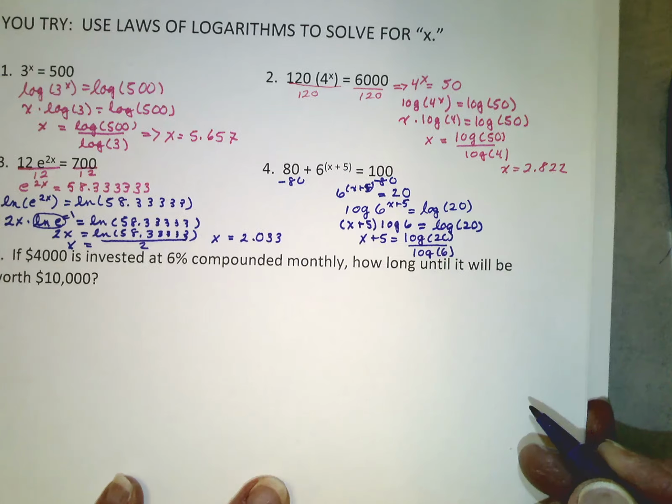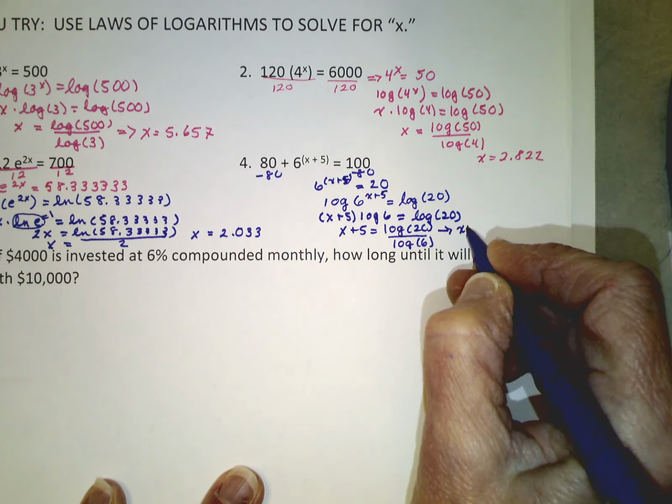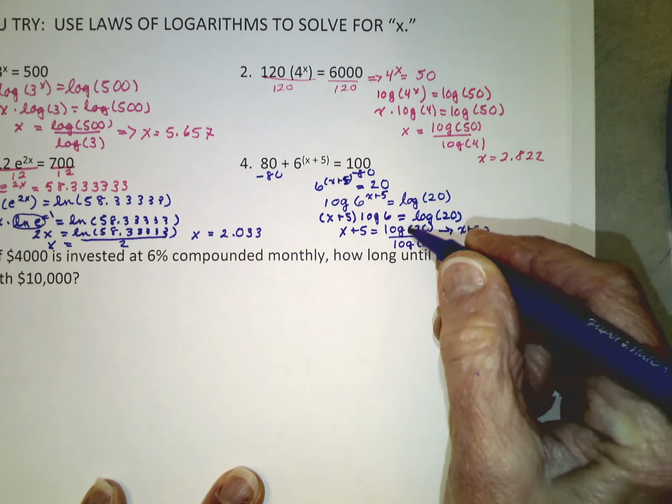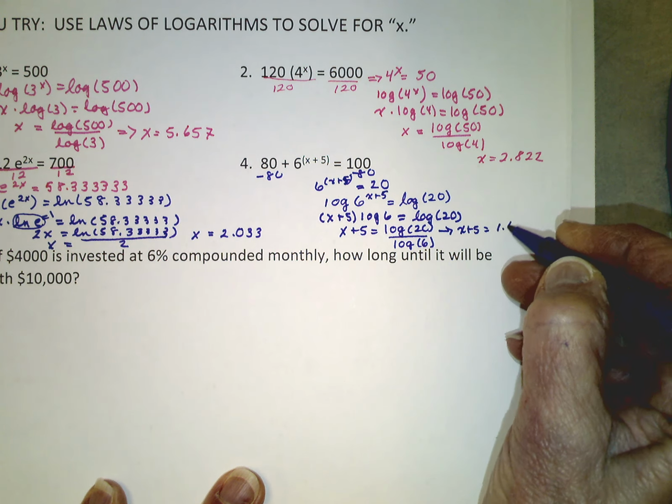Now the calculator said that the x plus 5, when we do this division, comes out to 1.672.